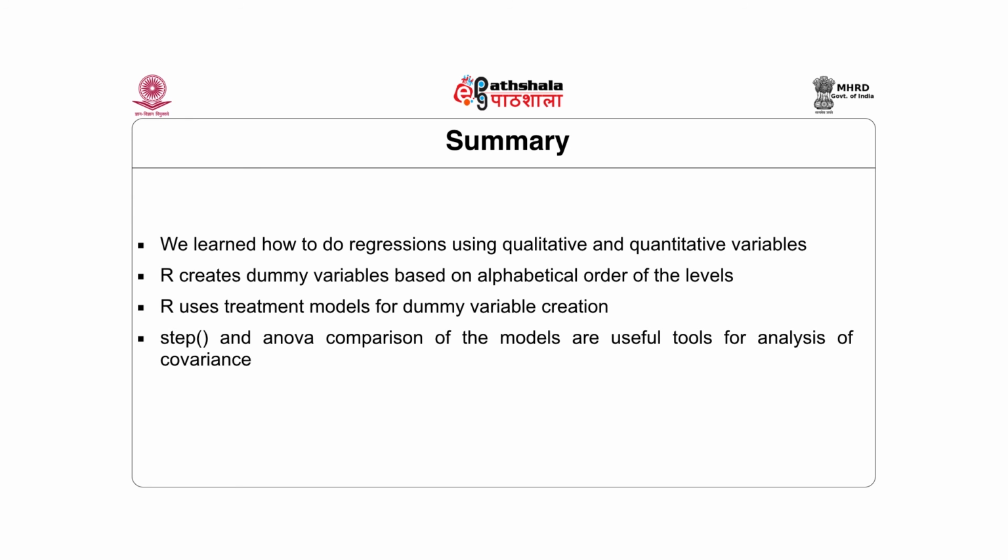We've seen how R creates dummy variables, and we have seen how we can compare the different models together. So this completes this set of slides. Next, we're going to learn how to use analysis of variance, where your explanatory variables are all categorical variables. So till then, happy learning.